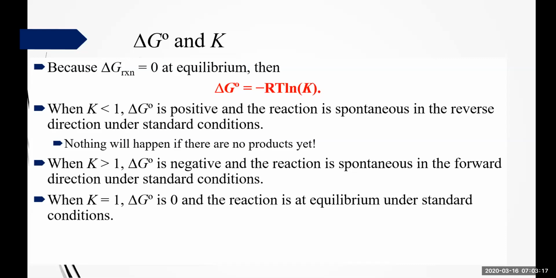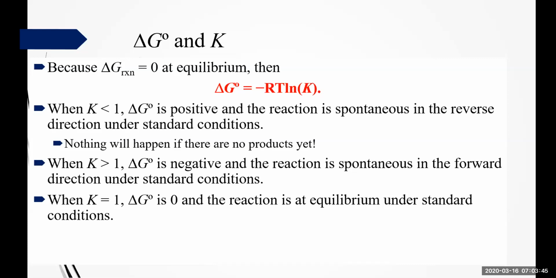And we can see that this is going to be positive when K is going to be less than 1. Right? When K is less than 1, the natural log of it goes negative. Right? And then the negative times the negative will give us a positive. Right? So if we take the natural log of something like 0.5, it becomes negative 0.693. And you can see how that would make it a positive delta G.